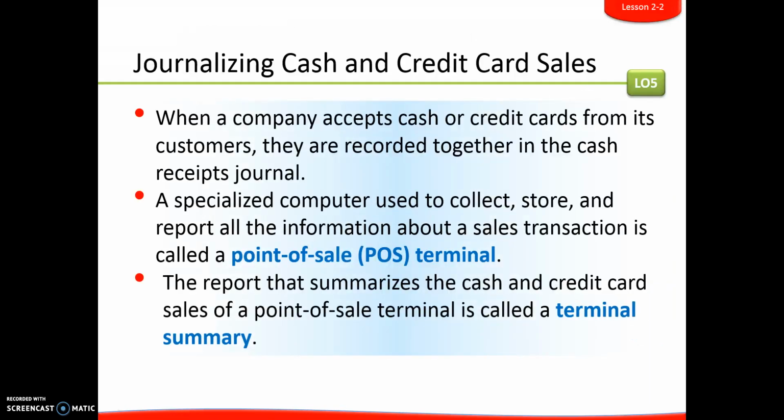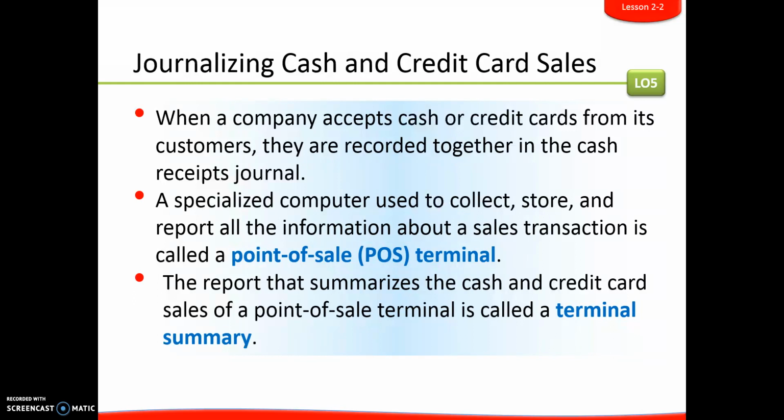Another time that we record cash receipts is when we receive cash and credit card sales. Remember that when a company accepts cash or credit card sales from its customer, they get recorded together, because whether we receive cash or credit or debit cards, we receive the money within a few days. So instead of dividing that into separate things, we just journalize it all together as cash.